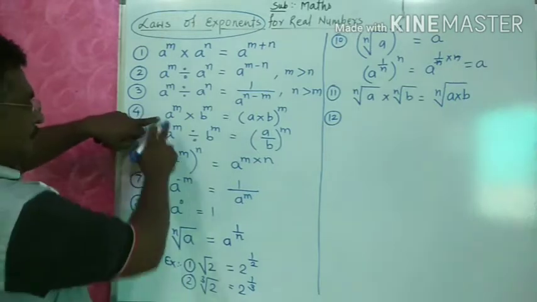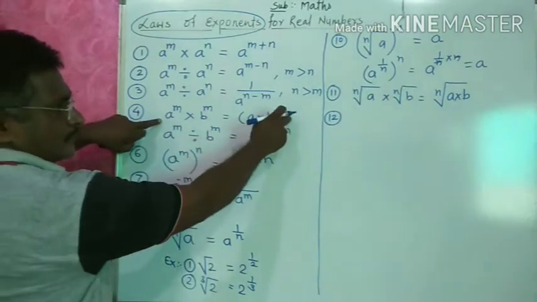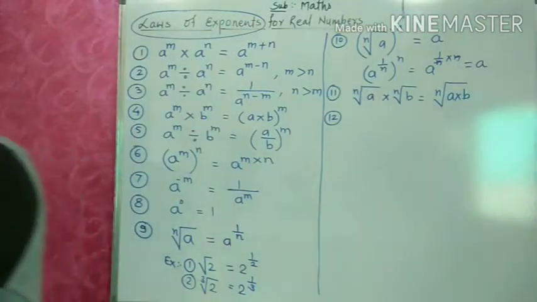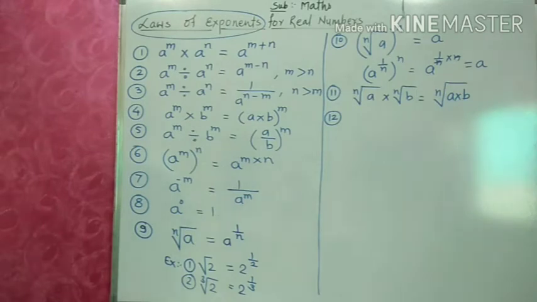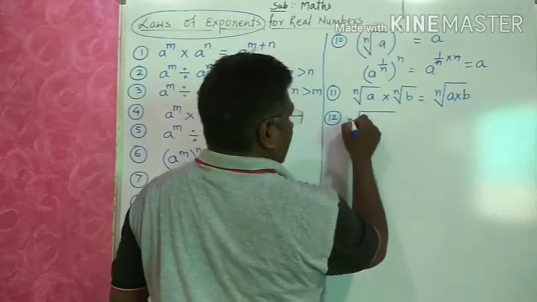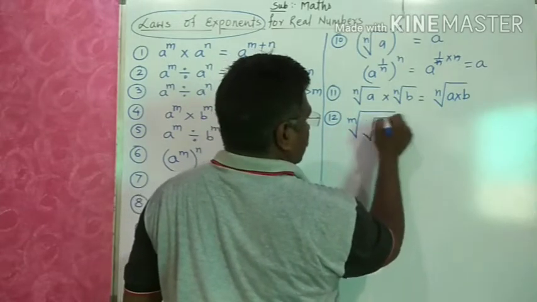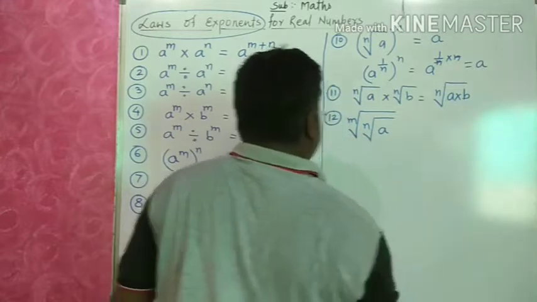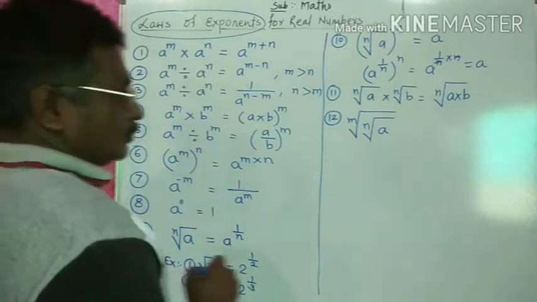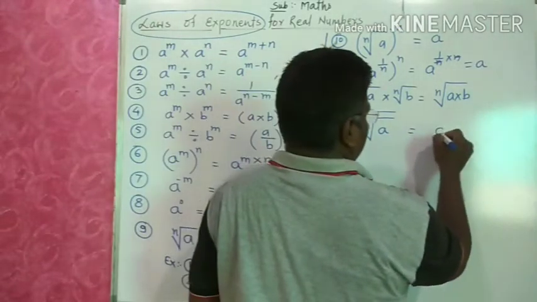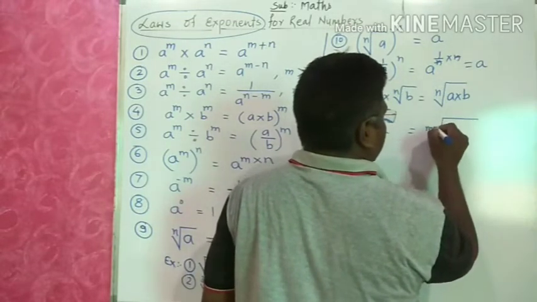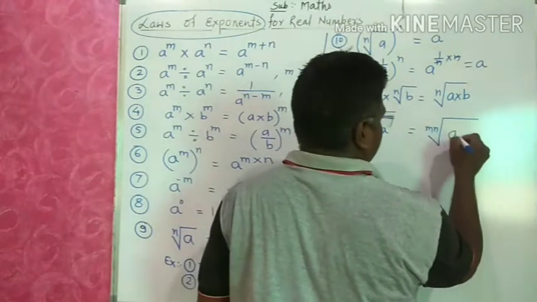Same it is there, only the under root sign is there. Then 12: nth root of a under root of m, so what will come? Mnth root of a.